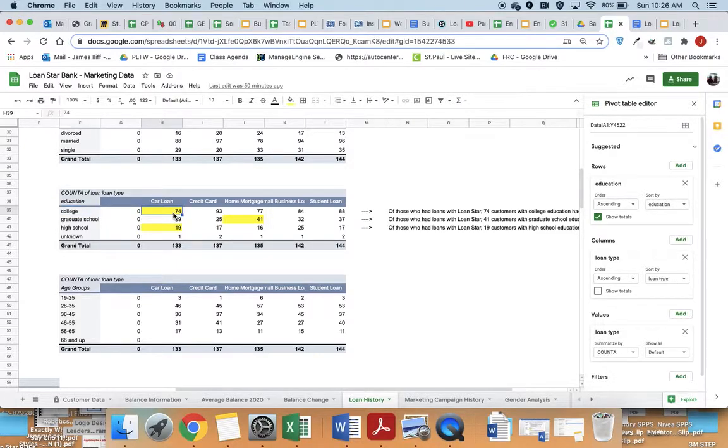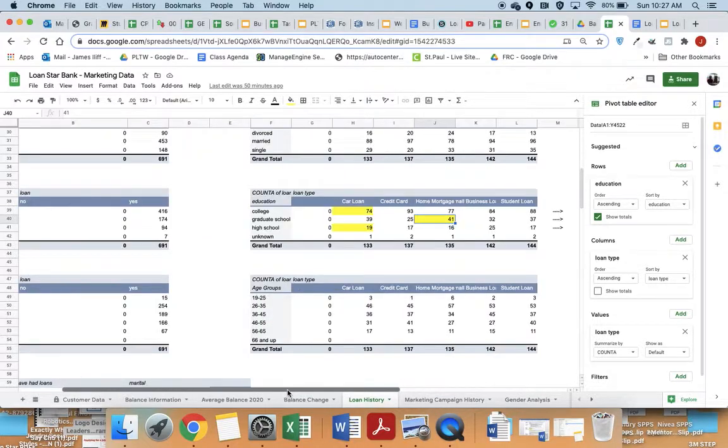So 74 people who had a college education took out a car loan. Now graduate school is beyond college. So 41 people who had a graduate degree took out a home mortgage loan. So that's what that means. So really interesting.